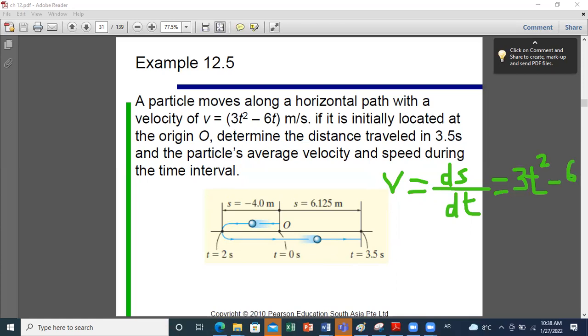To get s, I should do integration. I can do separation of variables. I will take dt to the other side. So I will get that ds is equal to (3t squared minus 6t) dt.